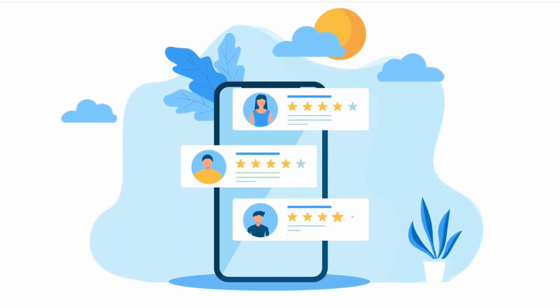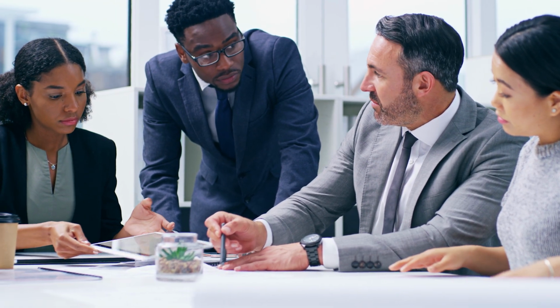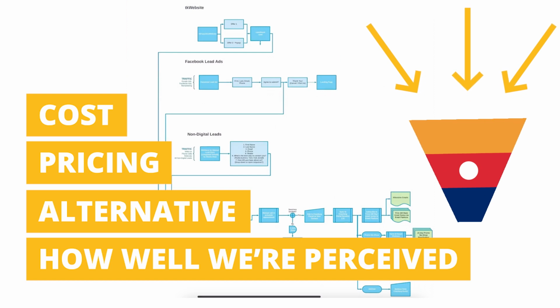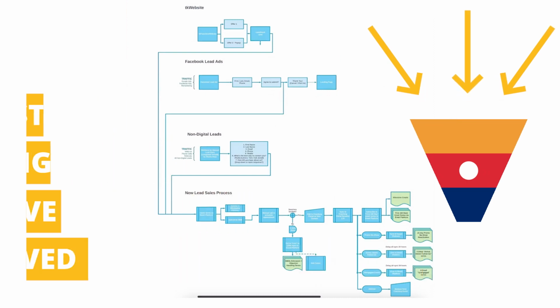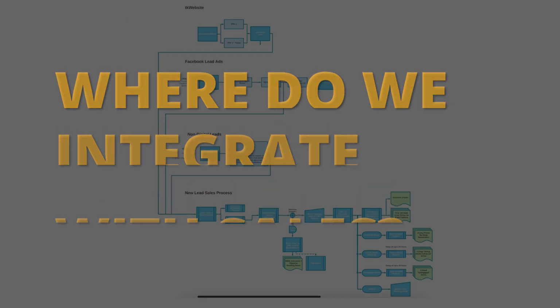Those are a lot of the common things people are looking to solve and answer for themselves right out of the gate. We want to know which ones of those, because those are the things we want to create more of, put in front of them more, and integrate with the sales team. So this is just an example of what a customer journey would look like, more on the marketing side. Mine would actually have, where do we integrate with sales? And that's an ongoing process.